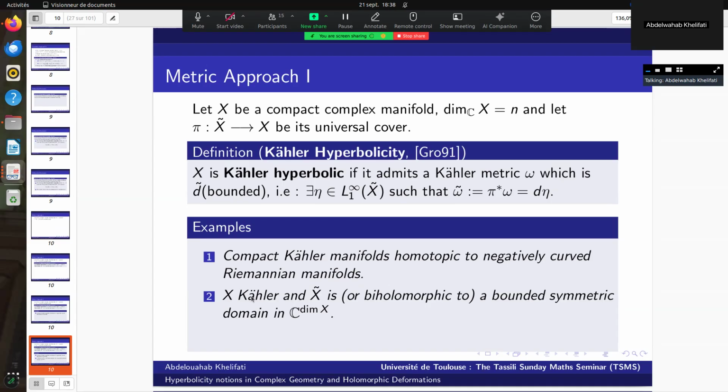And maybe just to mention here, one of my goals is to try to generalize this definition to the LCK case, because one can see that everything is done on the universal cover. So the most important part is there. We don't really use that much that the base space is Kähler, except in deformation results that we'll be speaking about.